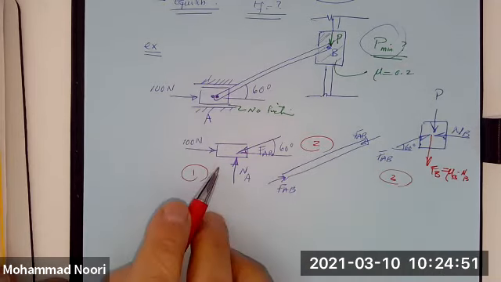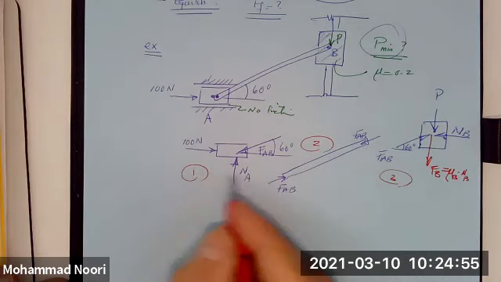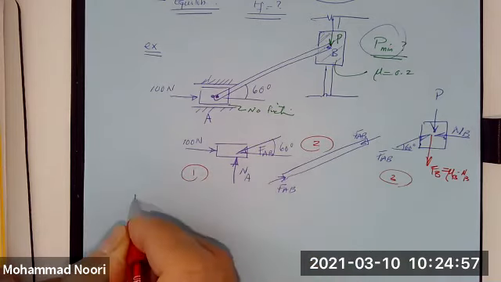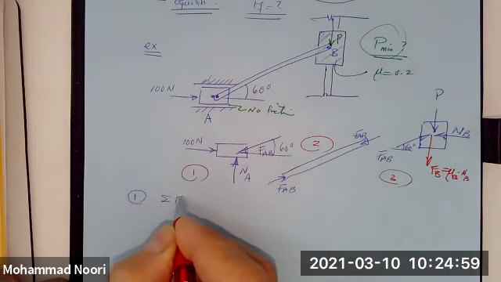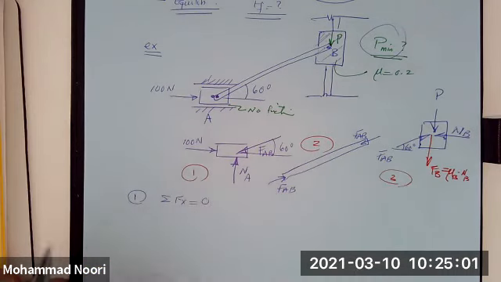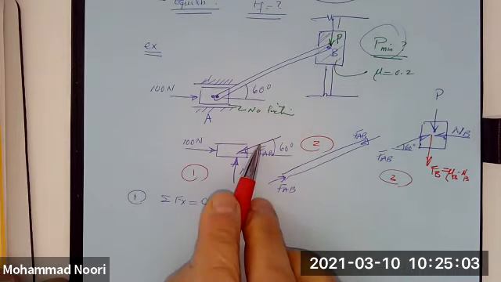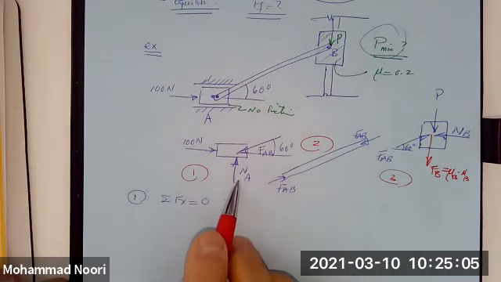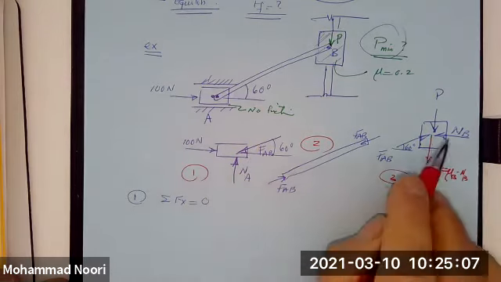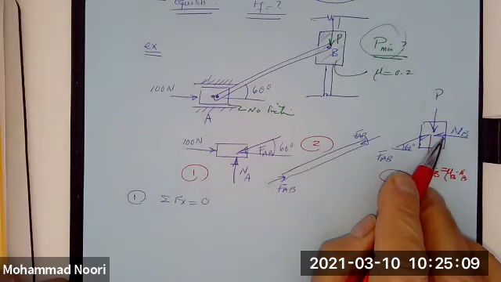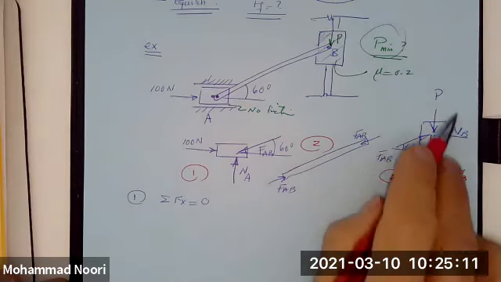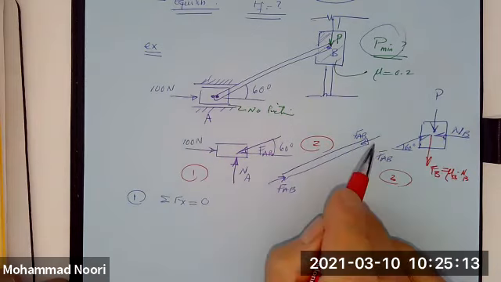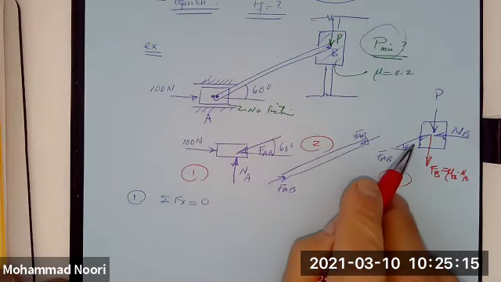So when I start with this free body diagram, I can write both summation of forces along X and Y, but I only use summation of forces along X equal to 0 because that's the only force I want to find. I don't care about this. It doesn't come into the picture in this free body diagram where this unknown force exists. All I need is only this force, which is here.